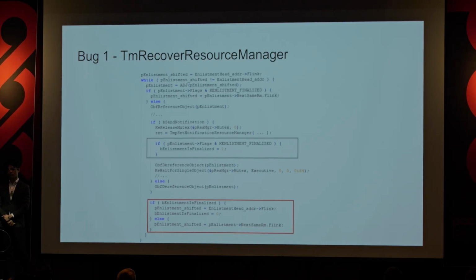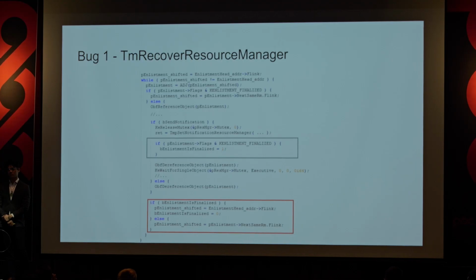And then it's basically going to do some work, and later, if the flag is set, it's going to assume the enlistment was finalized, and if it's finalized, it means it's actually freed, it's actually finished, and it's going to basically go back to the head of the linked list to start reprocessing the enlistments from the start, because the enlistment is freed, so it's invalid.